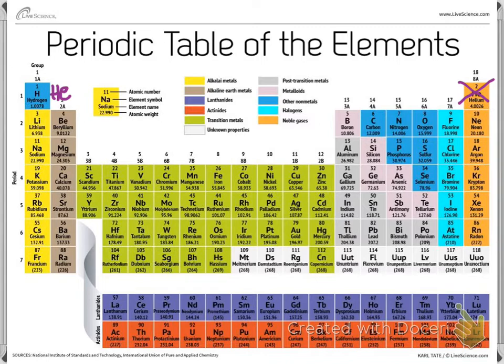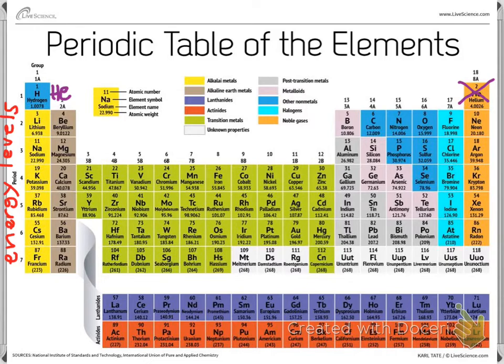So remember, a couple things here. First off, these period numbers here, these are our energy levels. And your periodic table should have those numbers on them as well.